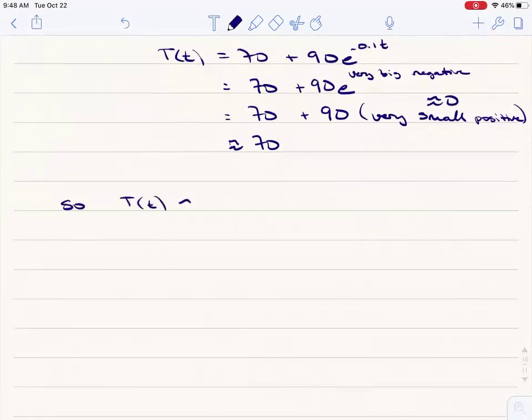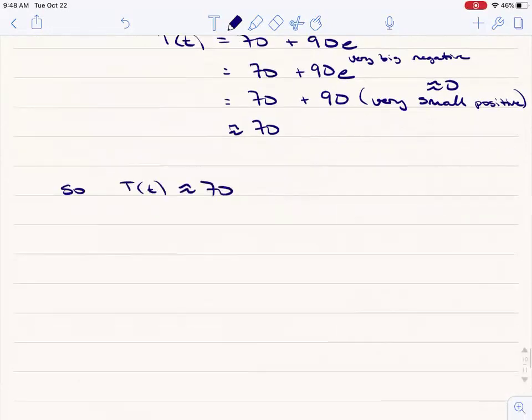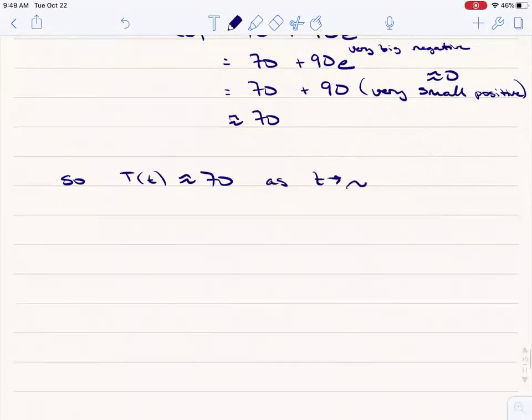So T of t becomes roughly 70 as t goes to infinity.